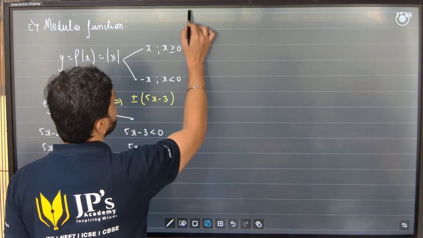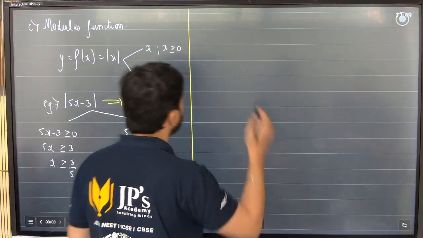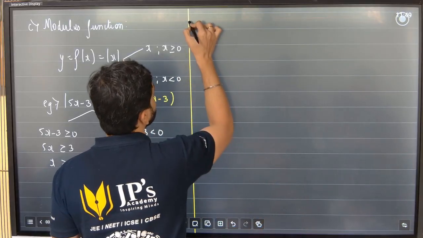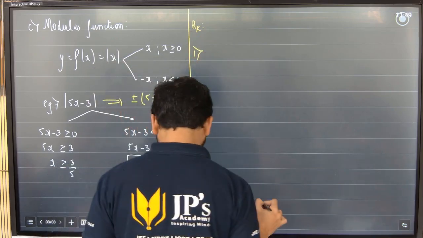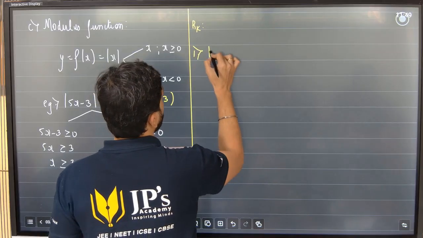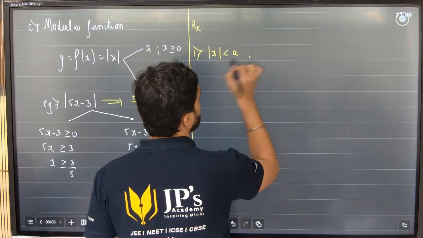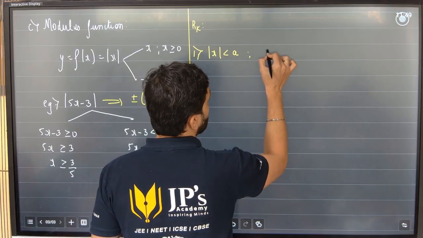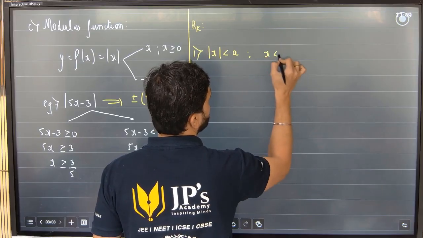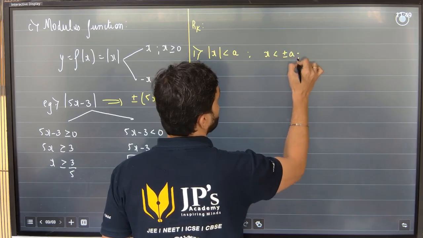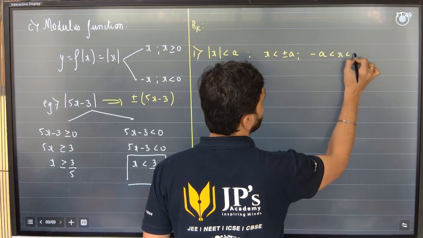For example, let's take a question. We'll write a remark before that. And there are two remarks. Remark number 1: mod of x is less than a means that x is less than plus minus a, which gives you the idea that minus a is less than x and x is less than a.